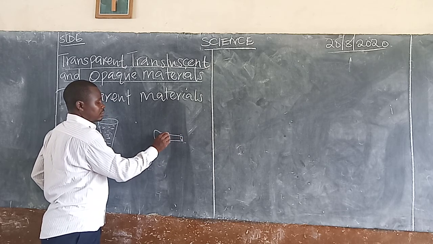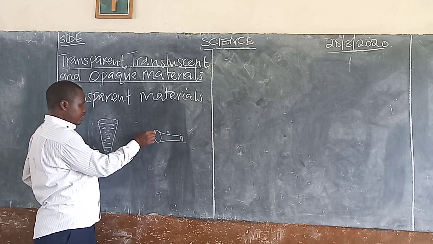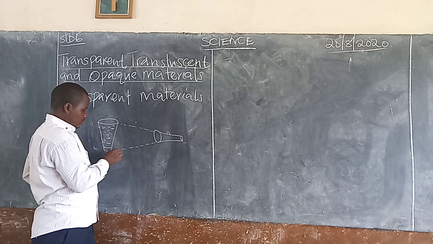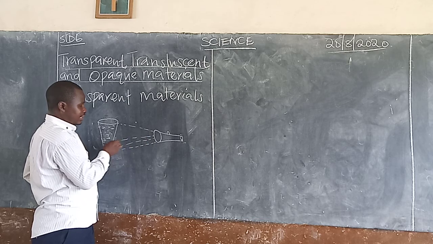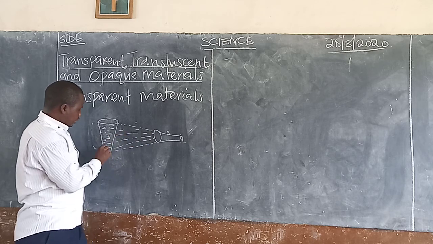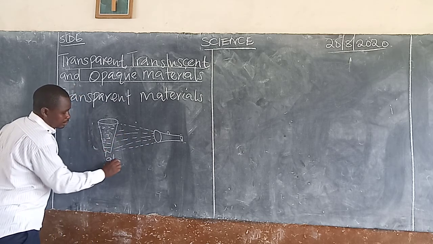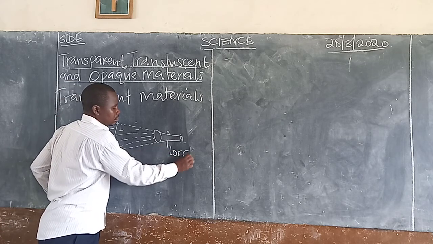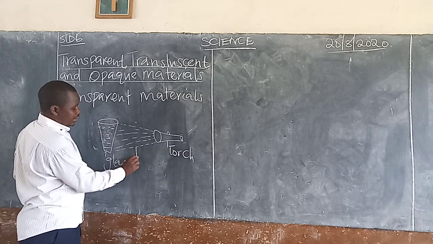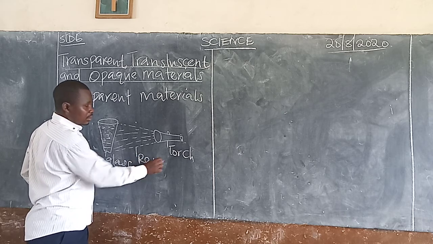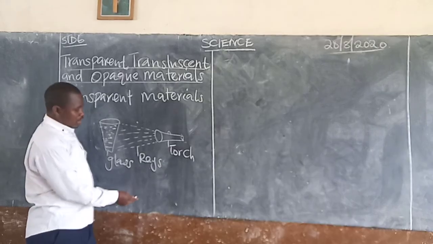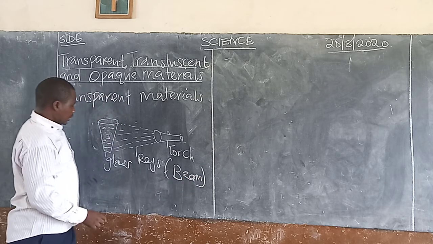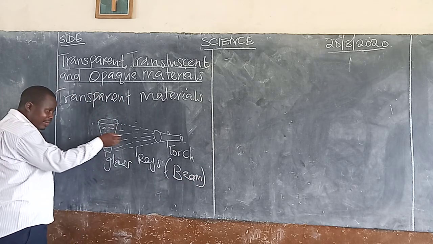So when light comes out, those are the rays. This is the glass, this is our torch, and these are the rays. So a group of rays is called what? The beam.